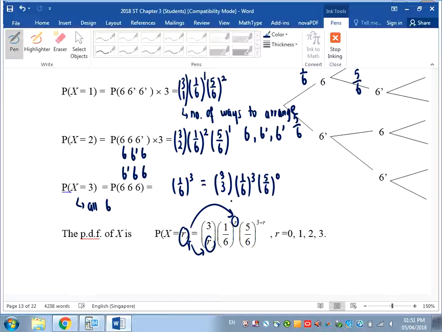So same here, 2 plus 1 will be 3, 1 plus 2 will be 3. So therefore, when I do a sum of the powers, it must sum to 3. So therefore, the power here will be 3 minus r. Okay, so that's how we come up with the formula, which is known as the probability distribution function, in short, PDF.